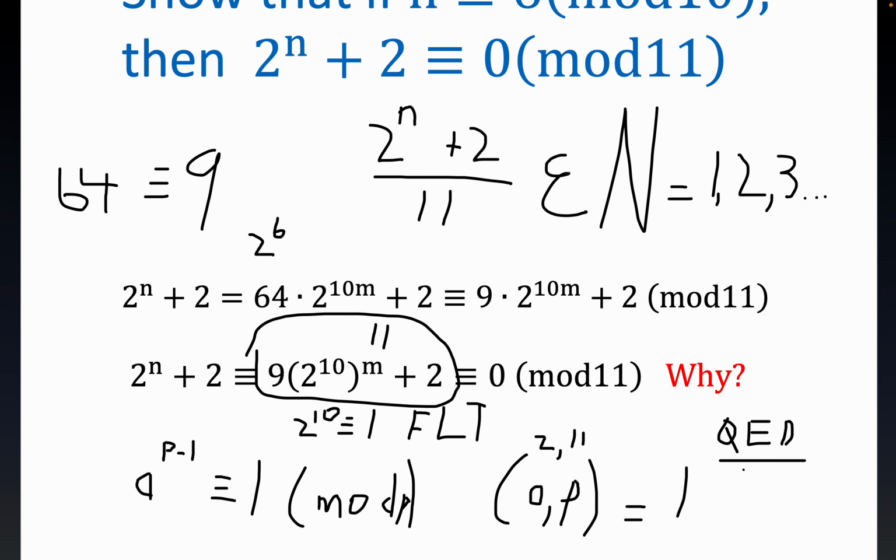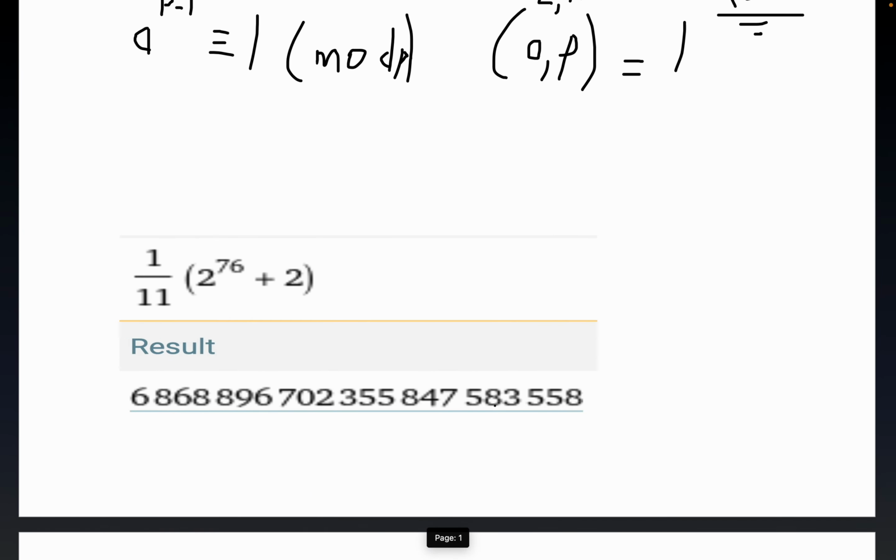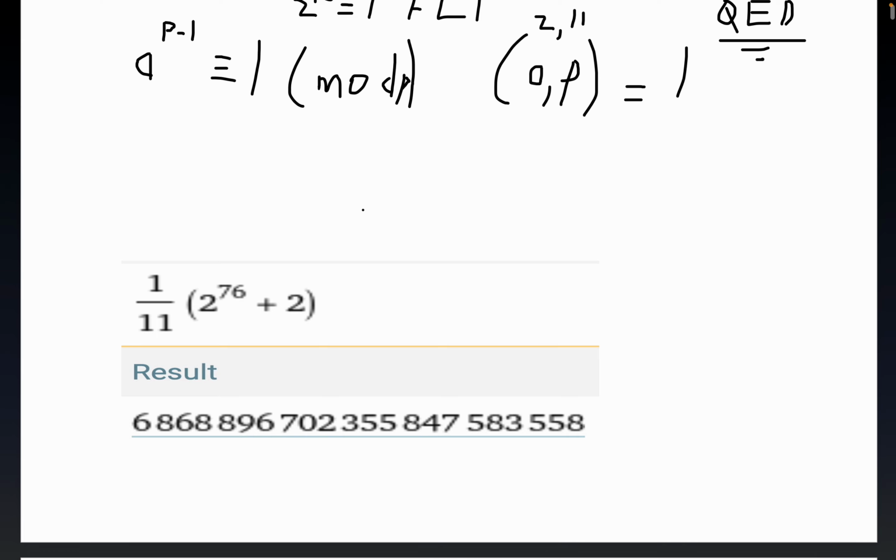Now, y'all, I know there's some souls out there who want to see an example, so let's just go down and do one here. Remember our condition: any number that's congruent to 6 mod 10 is going to get the job done right here. And 76 is one of those numbers, right? So 76 is congruent to 6.